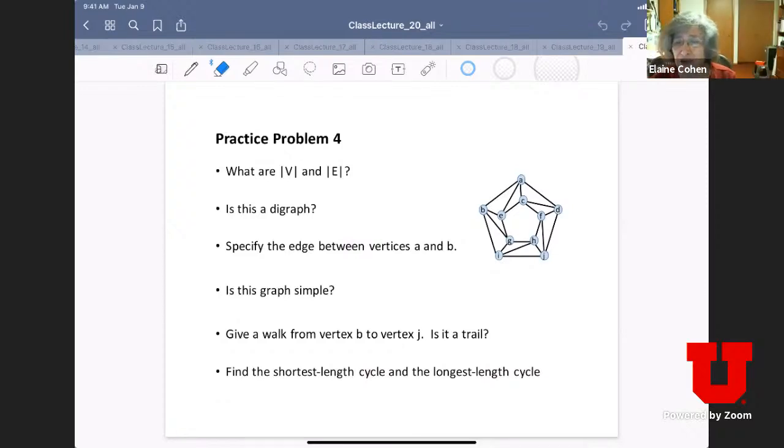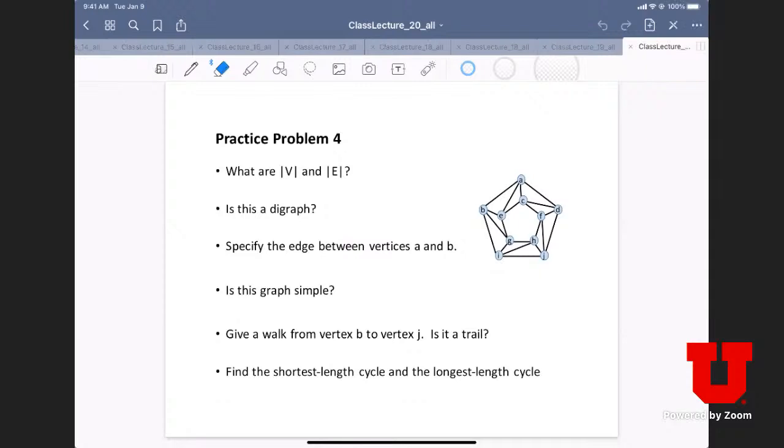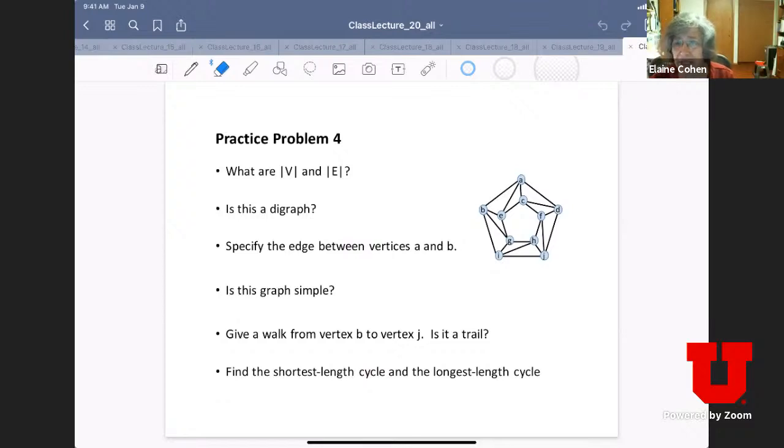Is this a directed graph, a digraph? Why isn't it? Because there are no direction arrows on the edges. So we have lots of phrasing here. There's a digraph, which you've had. There's something called a DAG, and a DAG is a directed acyclic graph.